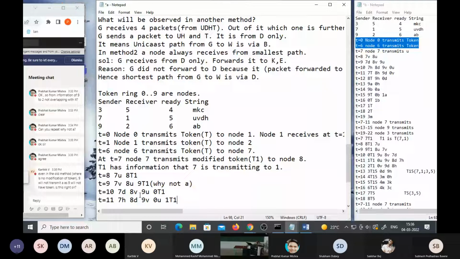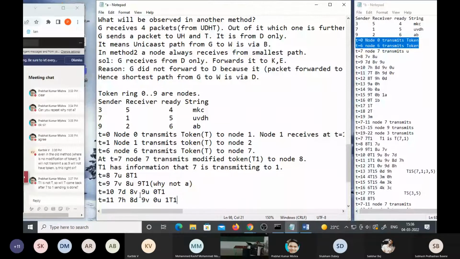Any doubt? We shall see to it. It may not even come back. We shall see to it. Is it correct? Yes.